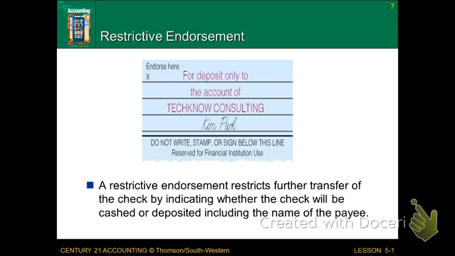In some cases, you could also include the bank account number as well. So in case this check did get lost and it had already been endorsed, no one could deposit into their account. It would have to go into this specific account only. It could not be cashed either. So it is a little bit safer. Just in case it were to be lost and placed into the wrong hands, it would have to go into this person's account and nowhere else.